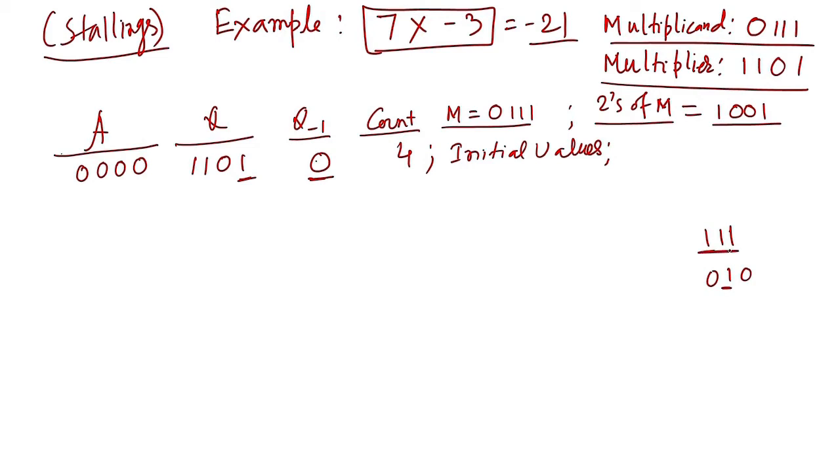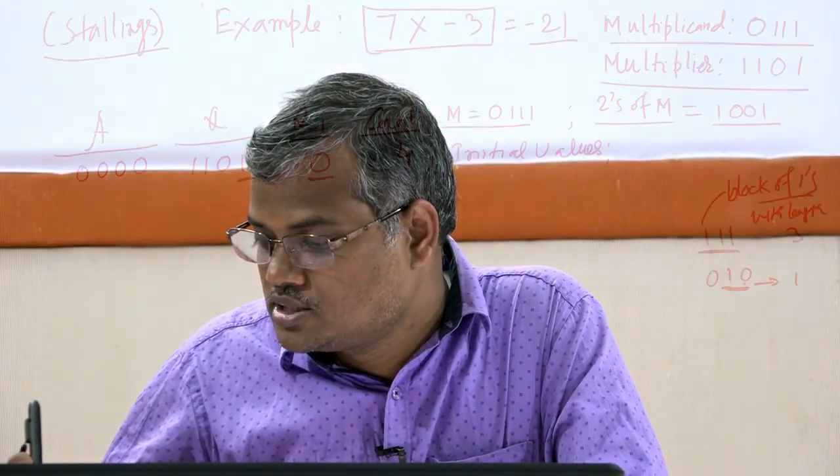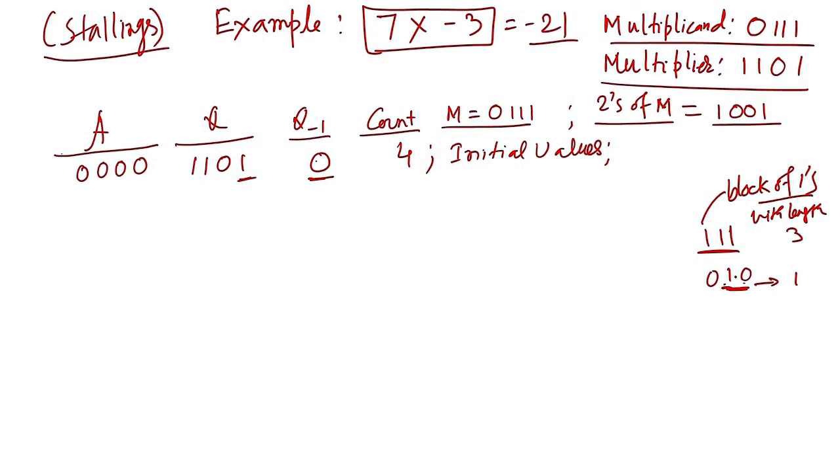This is a block of 1s with length 3. So, this is also a block of 1s with length 1. So, therefore, if we see 0 1, that means the block of 1s is going to start.